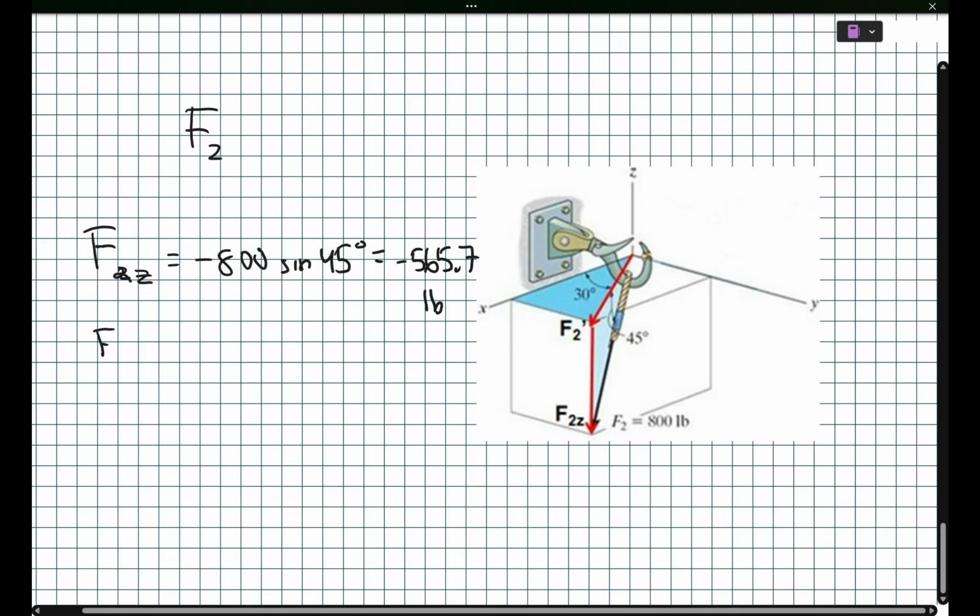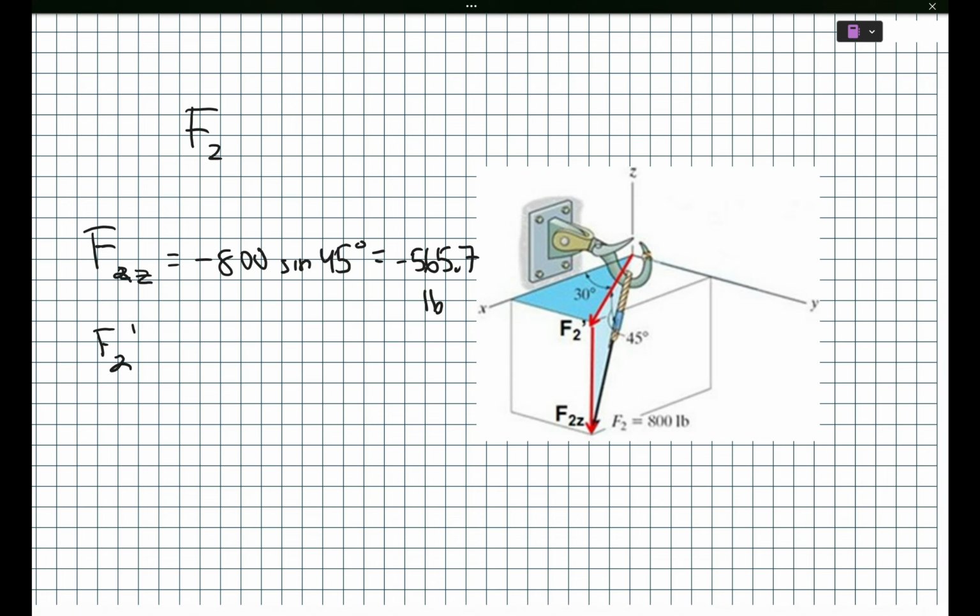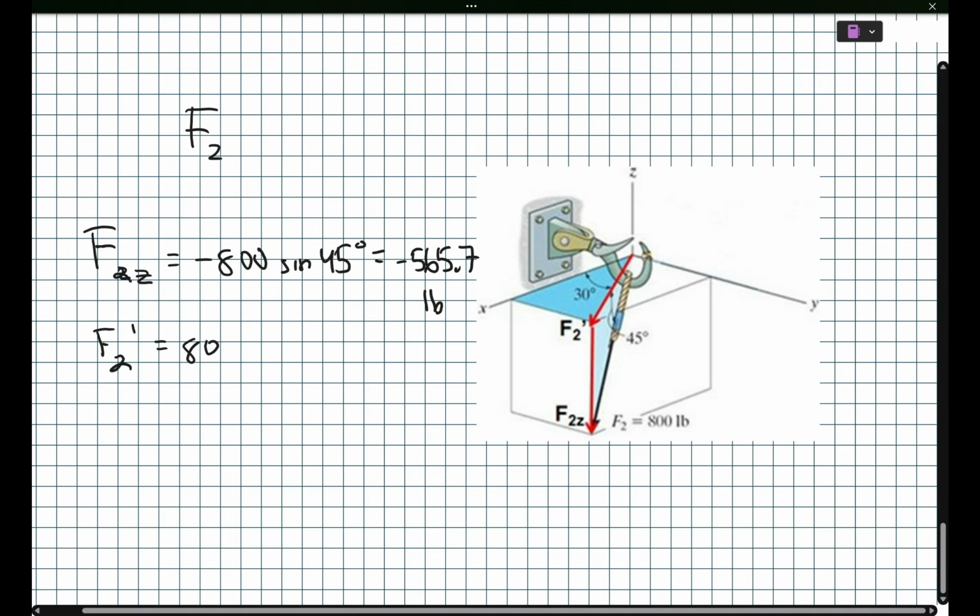And then we have F sub 2 prime. If you recall our explanation earlier in the lecture, we had the a, but then a prime was its projection in the x and y plane. So this is a similar type of thinking, right? We can see that the F prime here is going to be 800 cosine 45, which is 565.7 pounds.